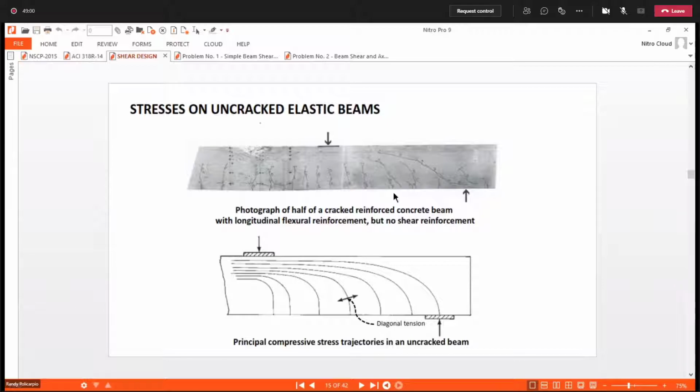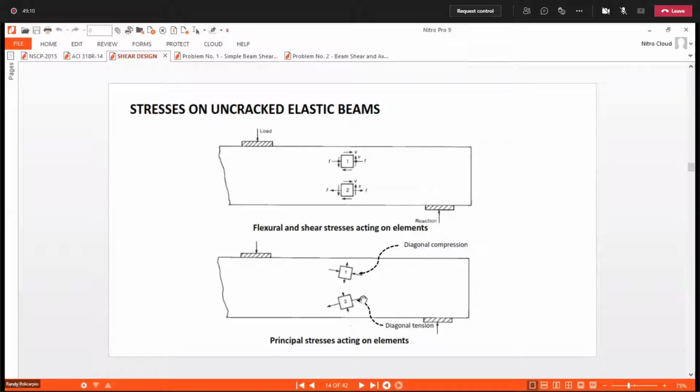They notice this behavior or direction of the crack, and by analysis, when they consider the principal stresses in the concrete, they notice this line, which is the direction of this principal stress.